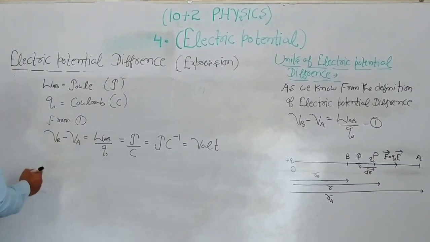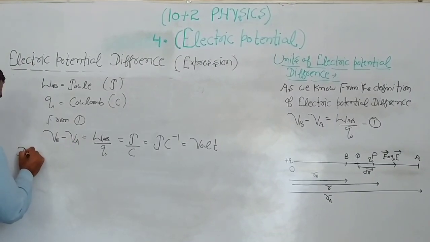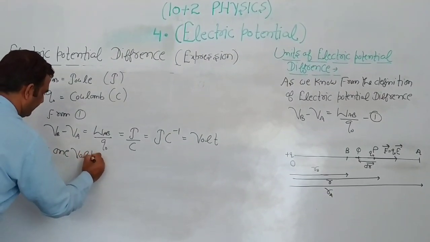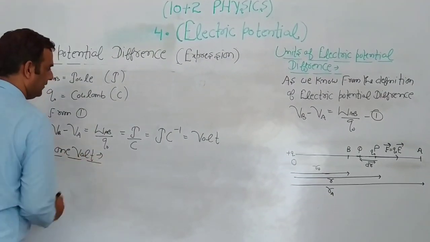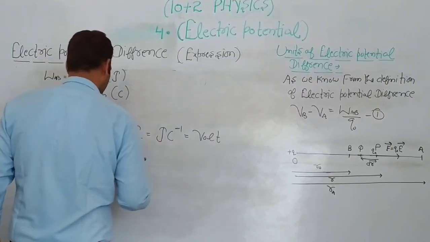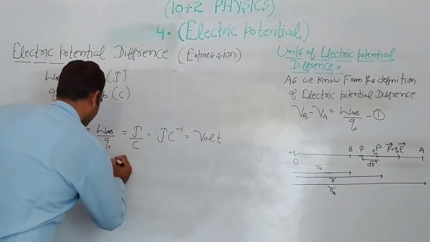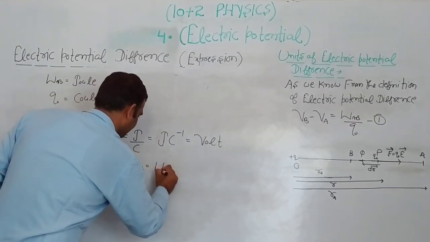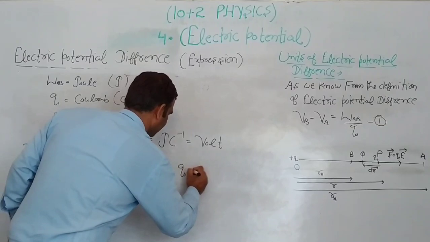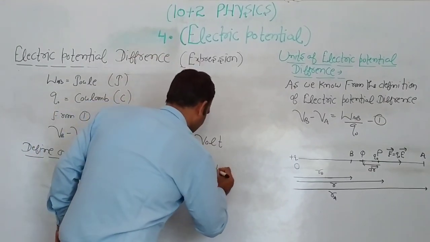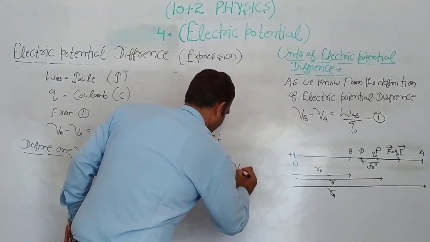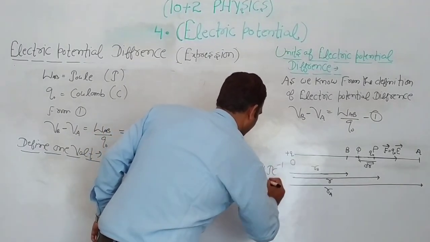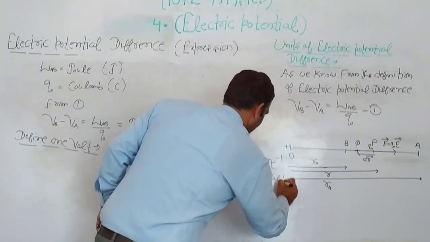Now how can we define 1 volt? If W_AB is 1 joule and Q naught is 1 coulomb, then V_B minus V_A is 1 joule per coulomb, that is, 1 volt.